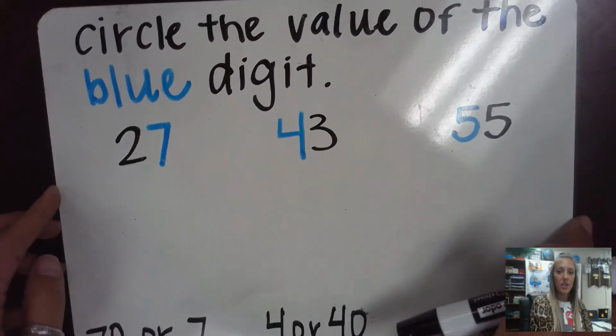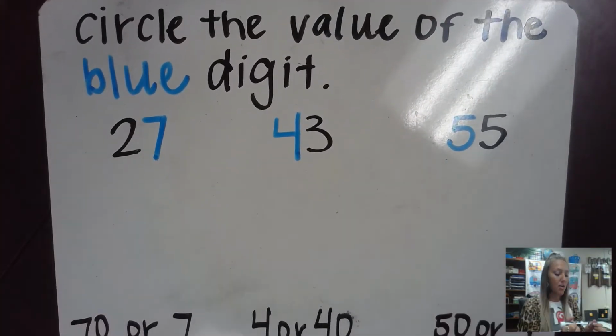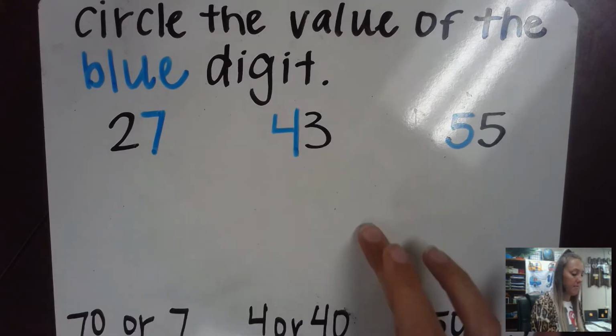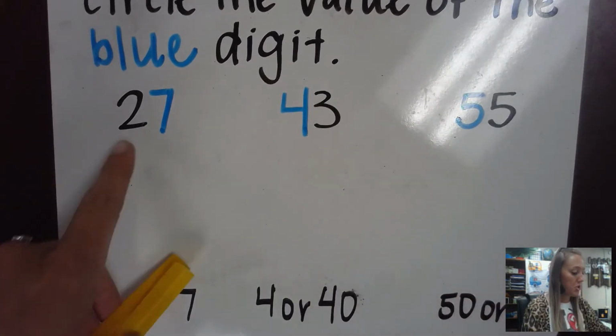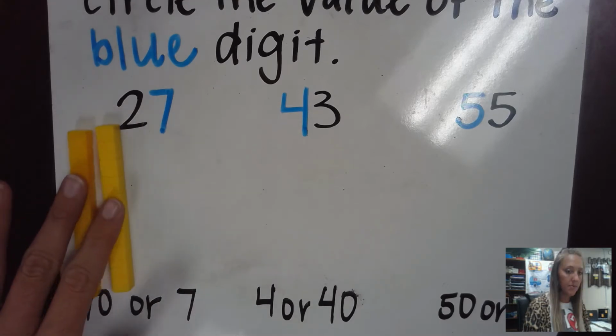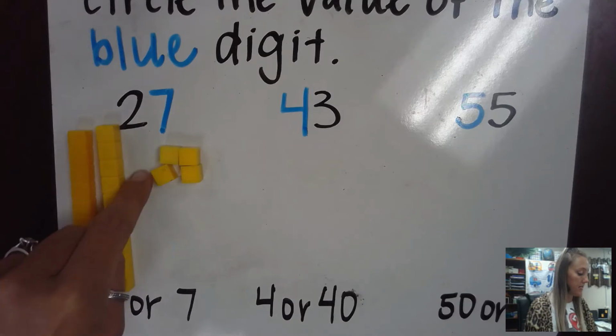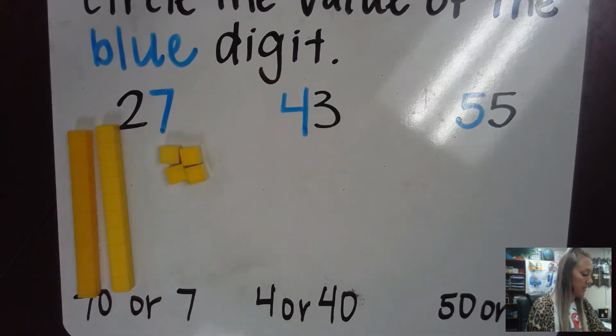Now, I'm going to have you help me practice circling the value of the blue digit here. I'm going to build this number 27. So I have 2 tens, so I'm going to put 2 tens here, and I have 7 ones, 4, 5, 6, 7.